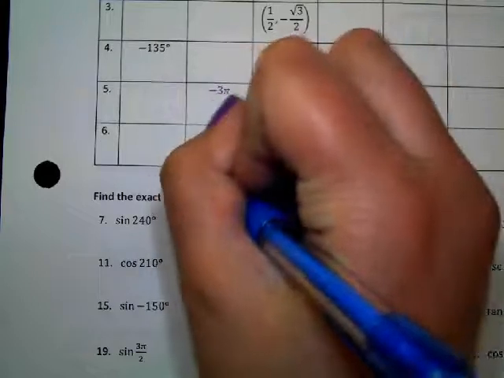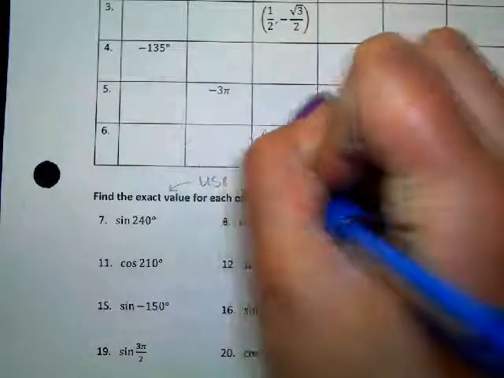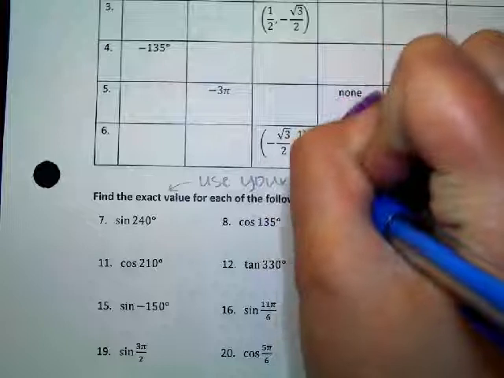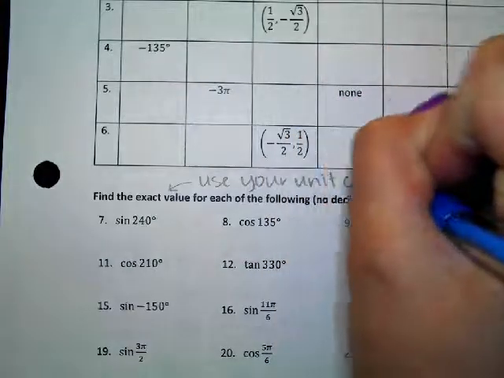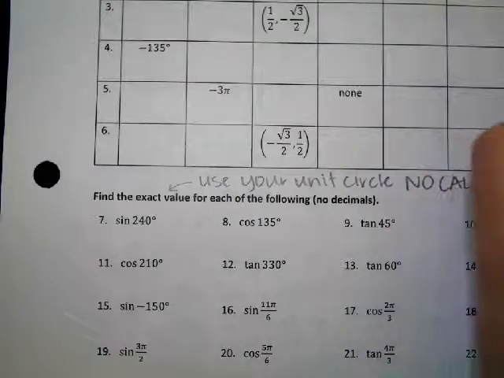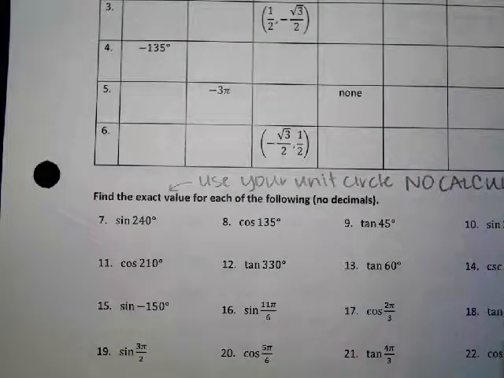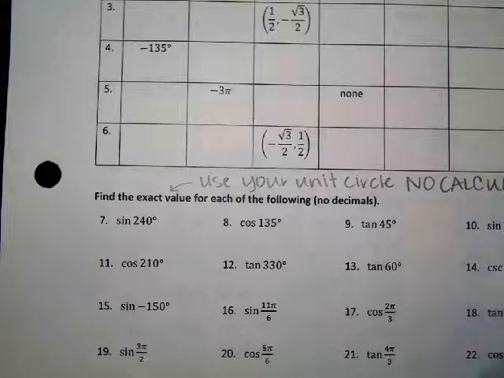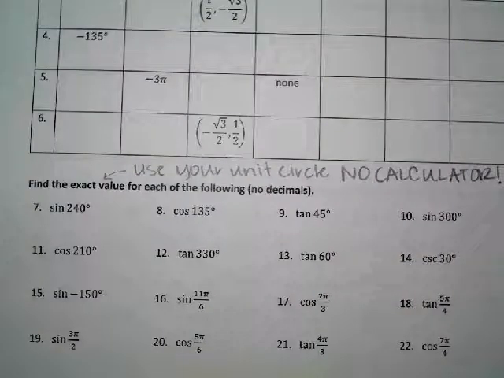No calculator. Your calculator will typically give you a decimal answer for problems, so the only way to get answers that are perfect is to use a unit circle. Okay.